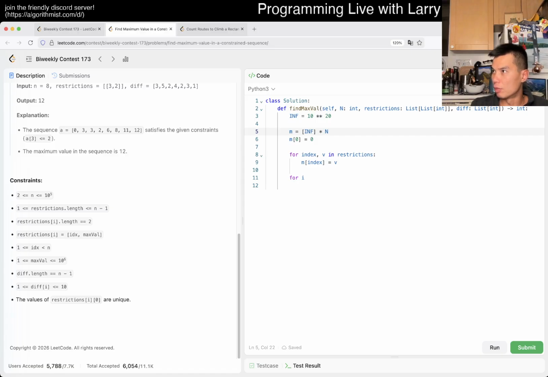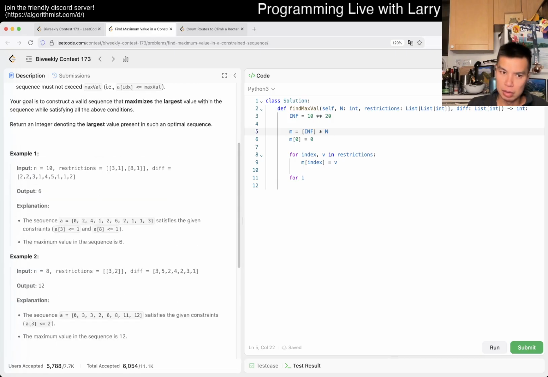I guess it's like a breadth-first search. Would a breadth-first search make sense? Maybe it does, actually. I was trying to keep on figuring out how to back propagate, but maybe breadth-first search makes sense. So then, okay. Maybe that does make sense.